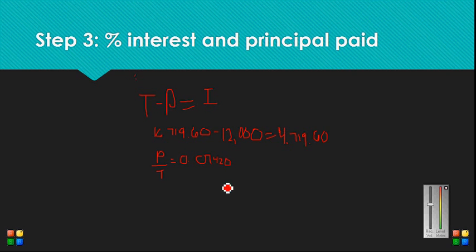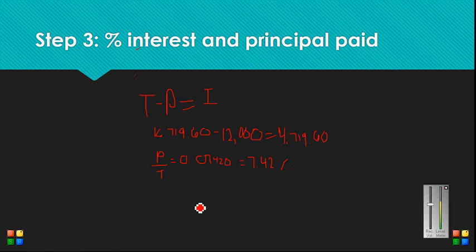And then if we multiply that number by 100, that gives us a percent of 7.42%. So in reality, only 7.42% of your monthly payment is going towards the principal.